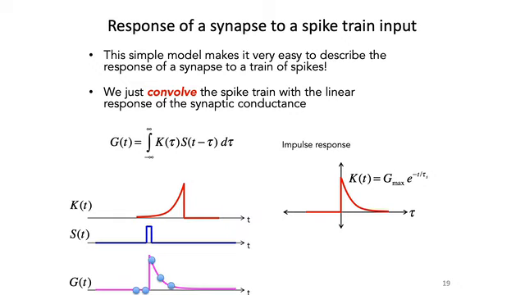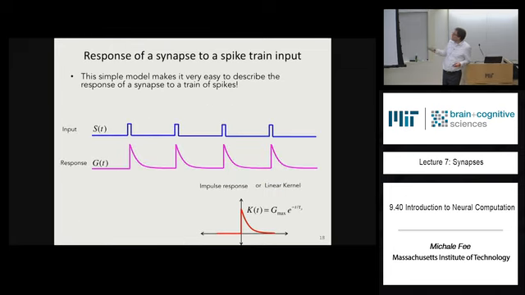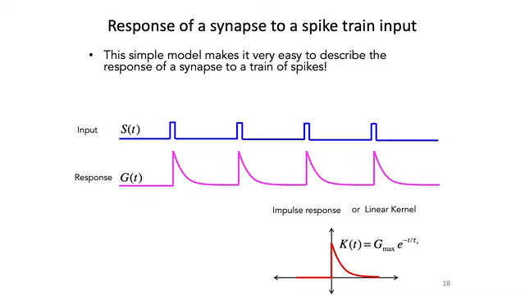This linear kernel reflects the conductance response of the postsynaptic neuron to a single presynaptic spike. Because if you have a bunch of single spikes like this, the answer is really obvious, right?